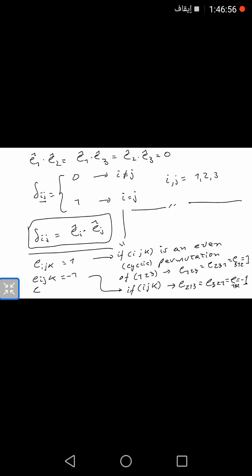And 0 is the case if two or more subscripts are the same. So we have 0 for epsilon_112 or epsilon_313, and so on for other cases.